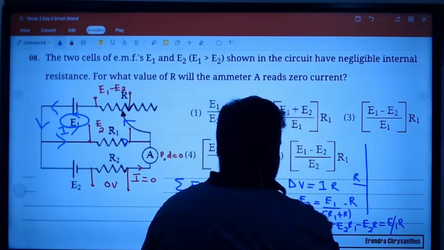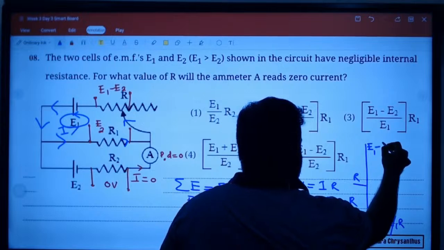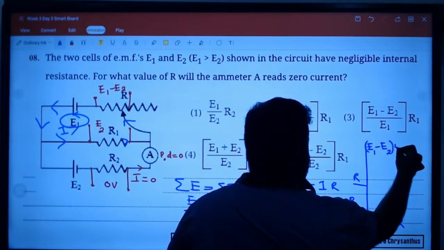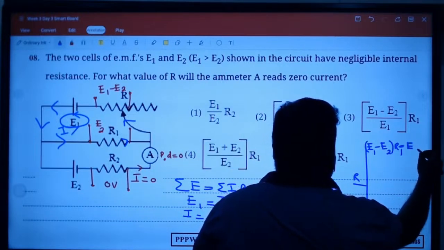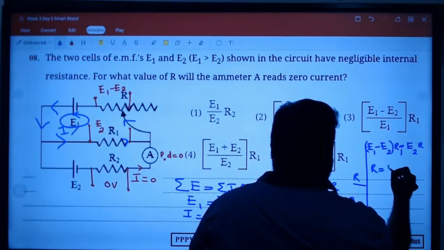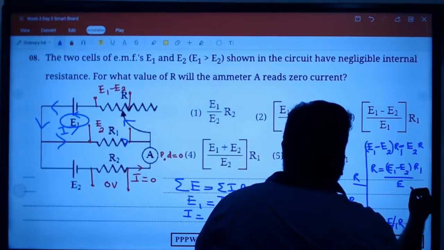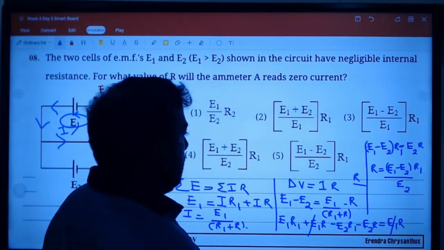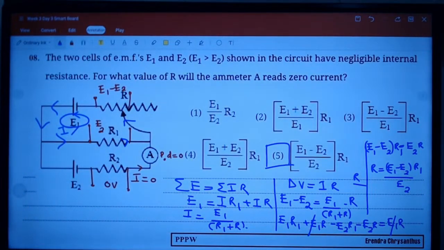Simplify this. E1 minus E2 times R1 equals E2 R. Take it to the other side. R is equal to (E1 minus E2) R1 divided by E2. Correct answer is answer number 5.